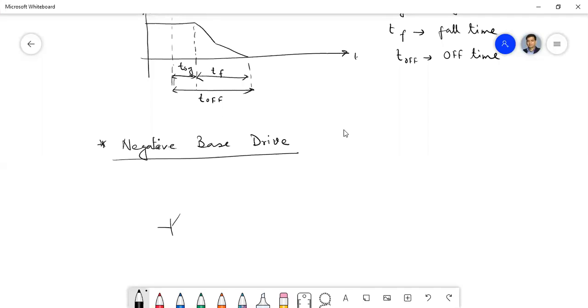So that means we have a T1 transistor. This is your T1 transistor, and with this collector you have connected the T2 transistor, which is another NPN transistor.